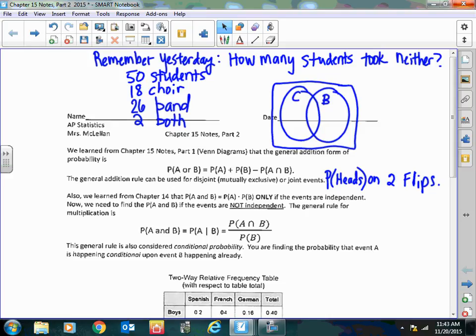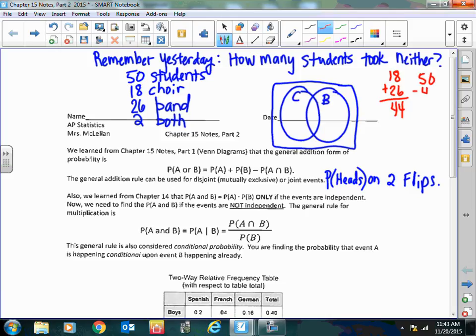Well, I don't remember if I let y'all just try the problem first before we put them here in this concrete picture, but a tendency of people to do this problem is they would say, oh, I'm going to take 18 and add the 26 students to it and I'm going to get 44. So that means 50 minus 44 is the 6 students that took neither.